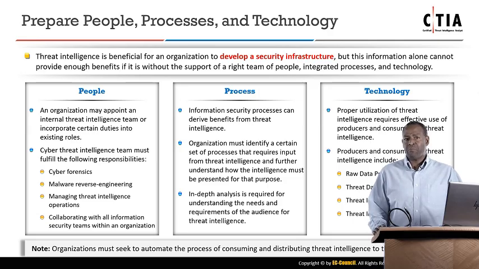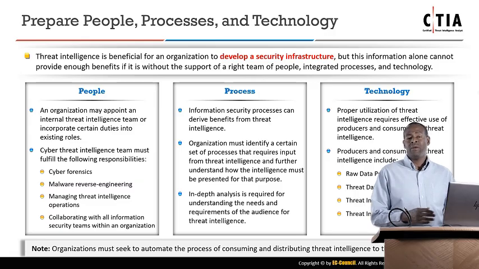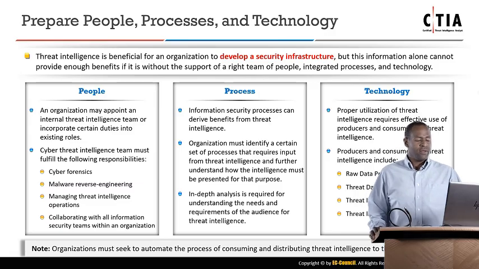And if there is a process that requires input from threat intelligence, we also want to automate that input as much as possible, either programmatically or in terms of processes that involve people, in terms of reports.